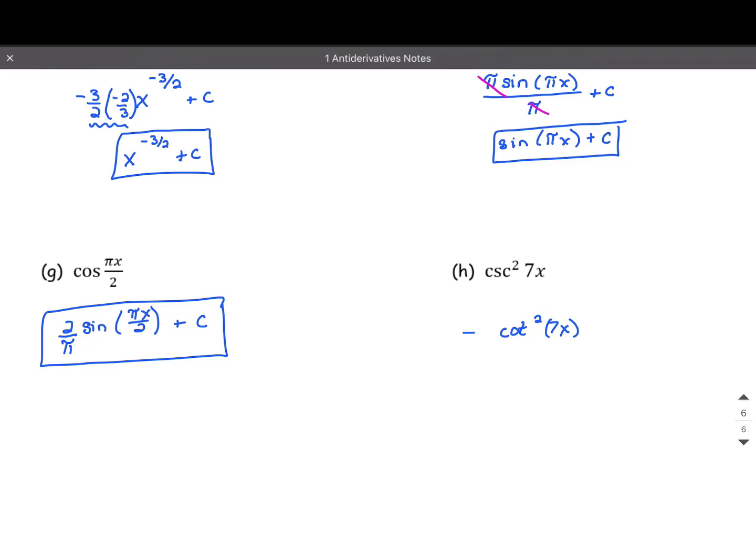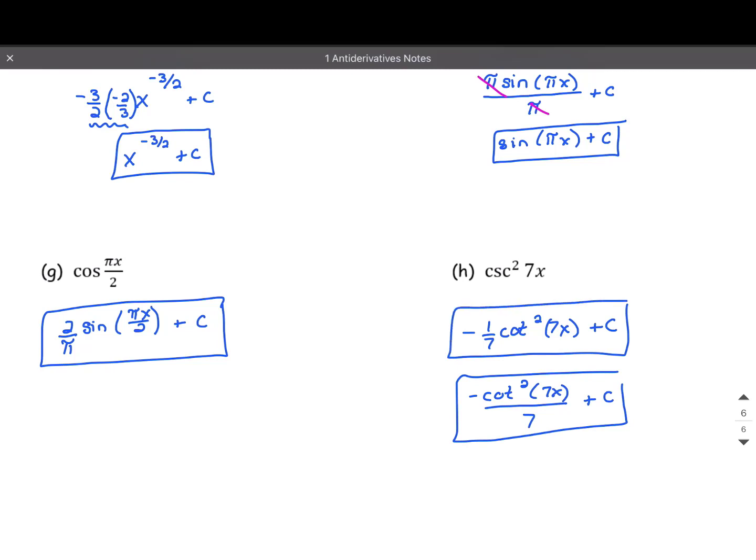So we'd have to divide by 7, or I could just multiply by negative 1/7. It doesn't matter if I write it that way or if I write it this way. They're the same, but in both cases, I have to remember my plus c's. And it doesn't matter which one you use.